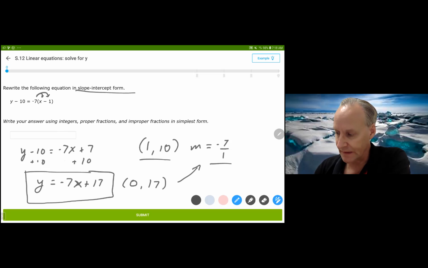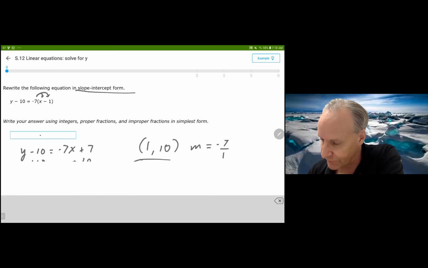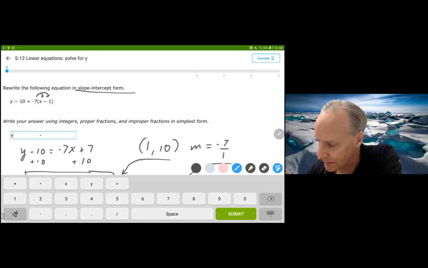Notice that (1, 10) would also be a solution to this one, of course, because it's the same equation. So anyway, there's a lot more information than you wanted. Y equals -7x plus 17, and we have it in slope-intercept form.